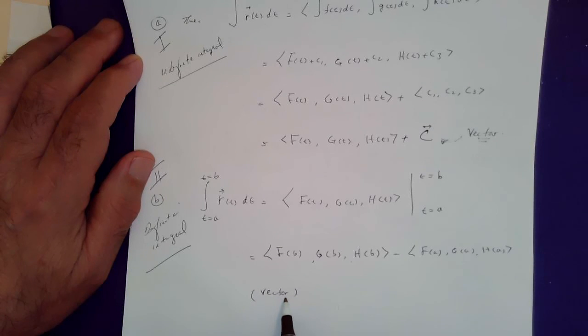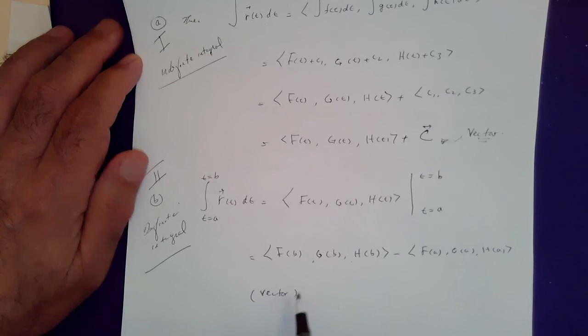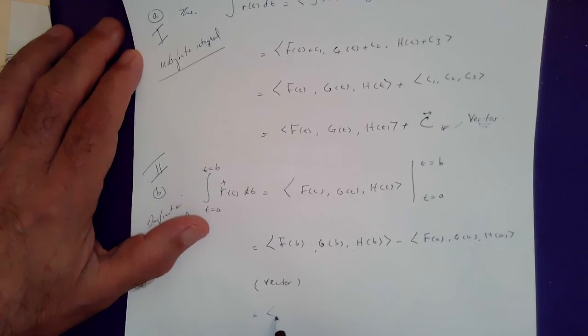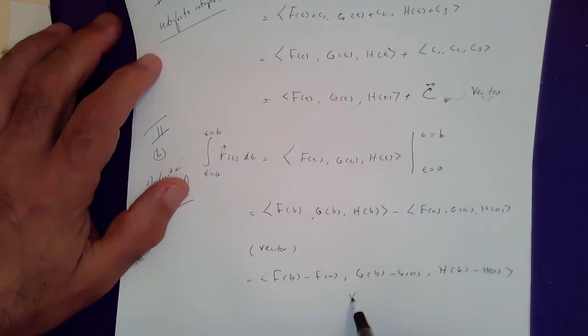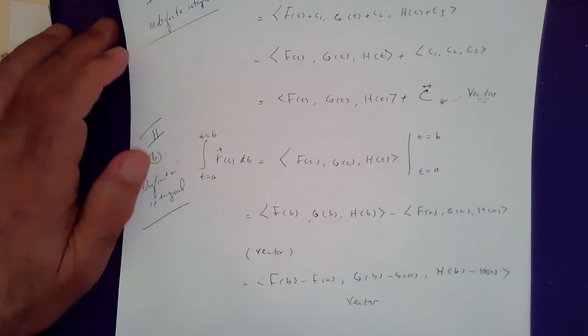At the end of the day, the answer is still what? A vector. So in other words, you get F(b) minus F(a), G(b) minus G(a), and H(b) minus H(a), but it's a vector. So the answer is still a vector. Do you see it?